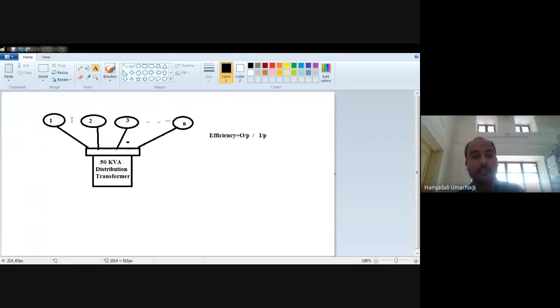So if I want to calculate the true efficiency of the transformer, true efficiency means that I should take only the power information for the period of time during which the consumer is using the power supply.